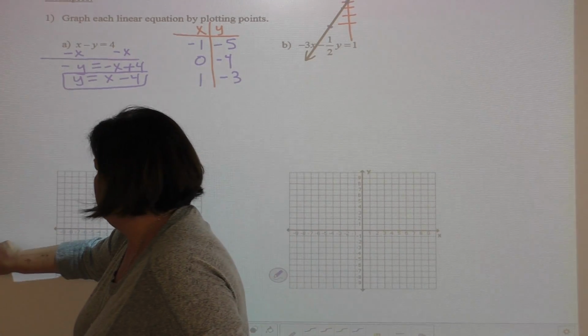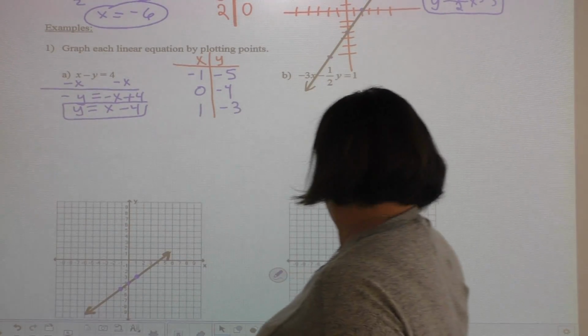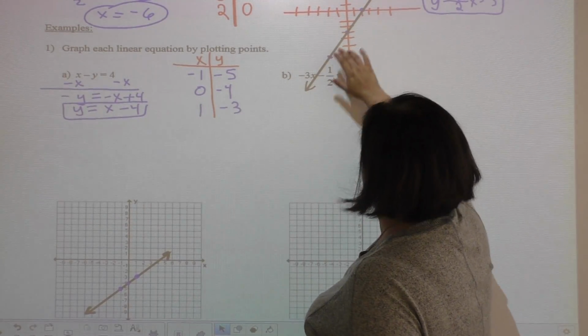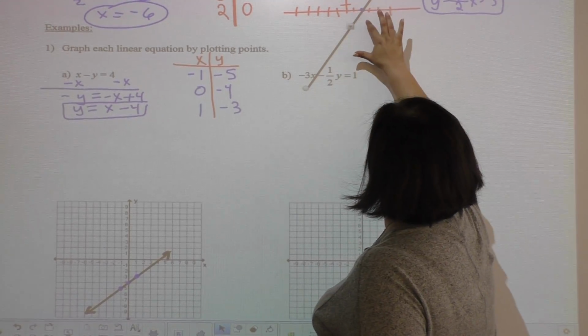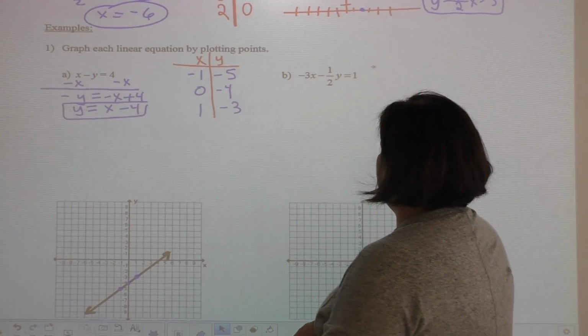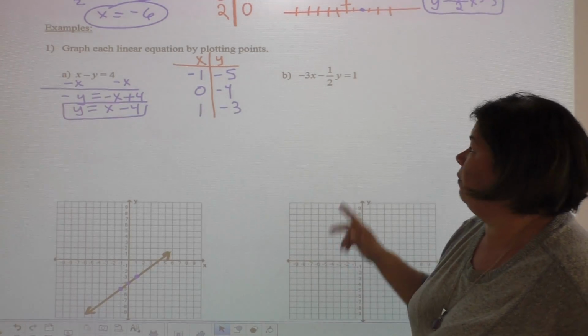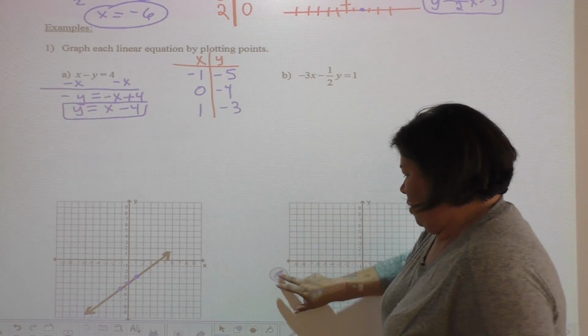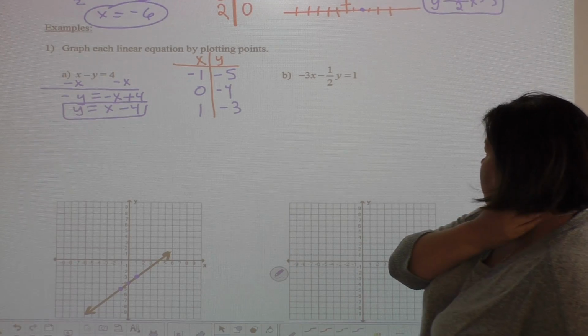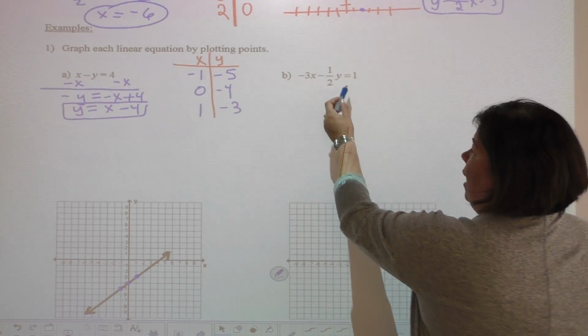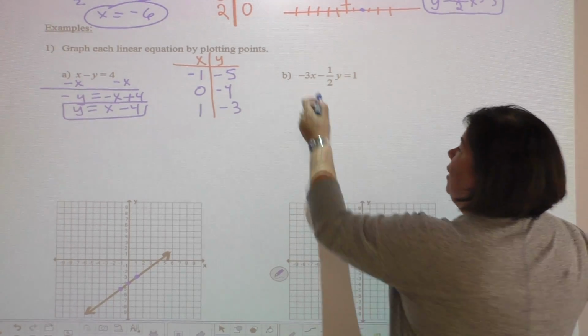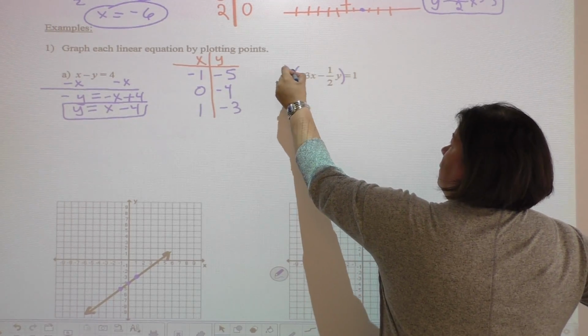Next, I kind of covered up my equation here with the last line I drew. So I'm going to make that invisible by deleting that line, and we have our new equation here. Again, if we're going to use the plotting point method, I'm going to get rid of this fraction first. So I could multiply each side by 2.